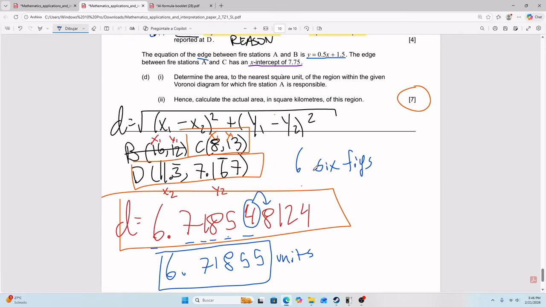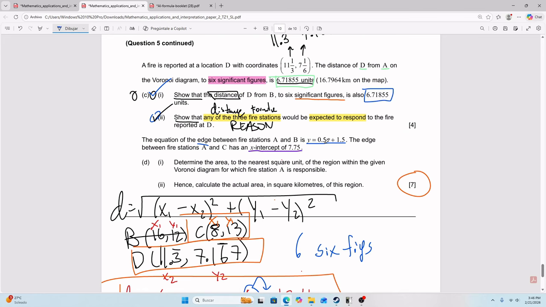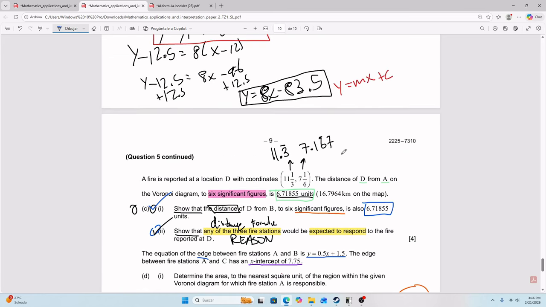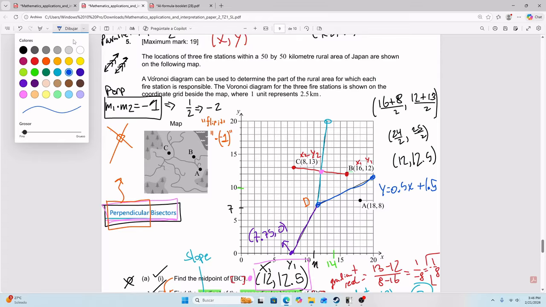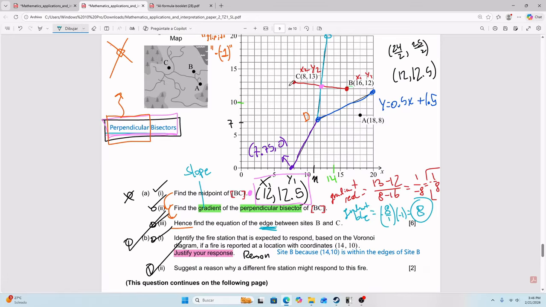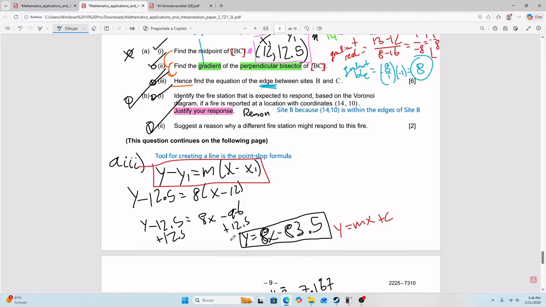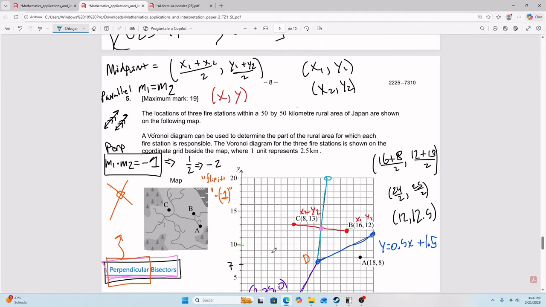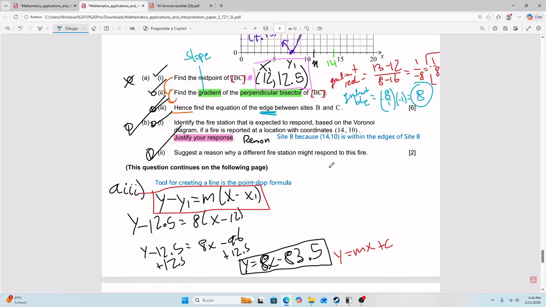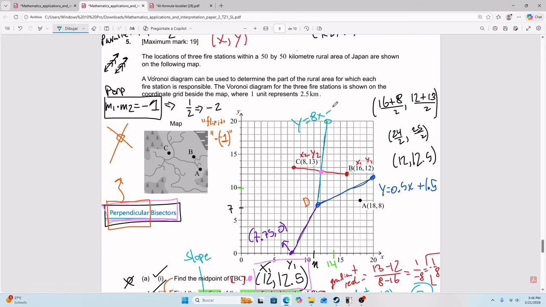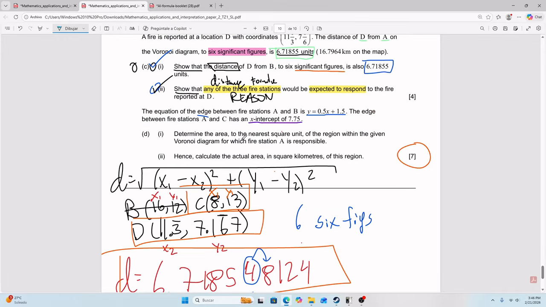Y equals 0.5x plus 1.5, yeah, perfect. And you know from earlier that the thing in light blue, we got it earlier, was y equals x minus 83.5. So that is what we have up until now.